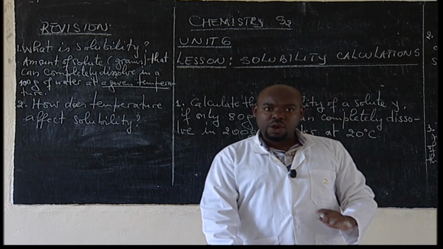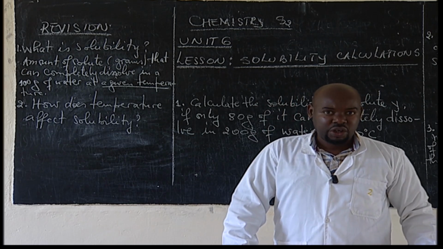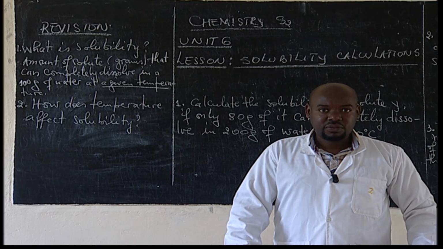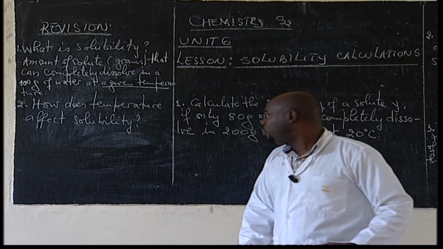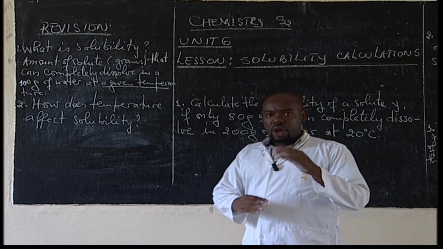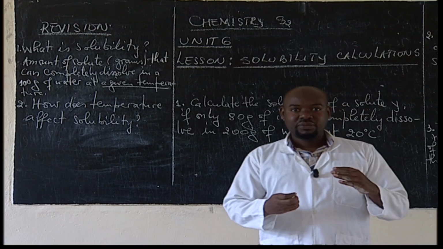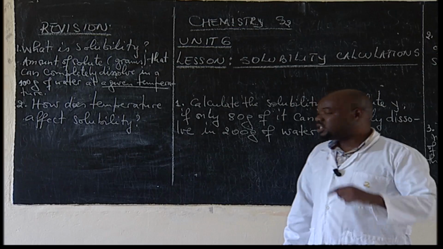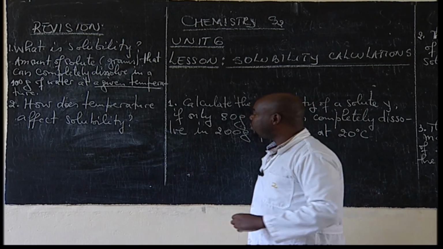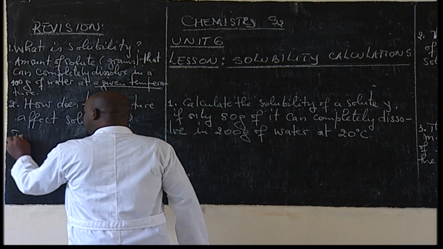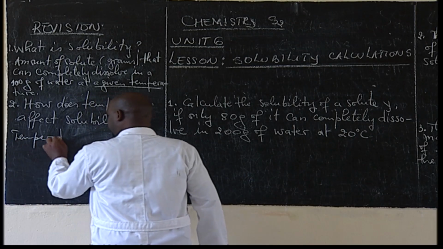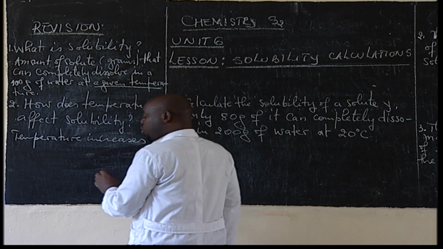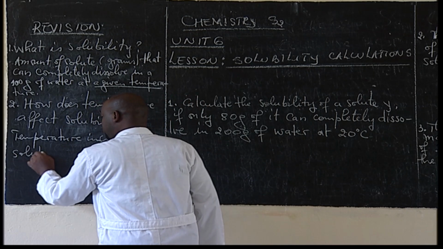Do you remember why we have to be very specific with that temperature? Why do we have to define temperature? I'm sure you do. It's because when temperature changes, the solubility also changes. And that will give us the answer for the second question. When temperature increases, solubility increases too.